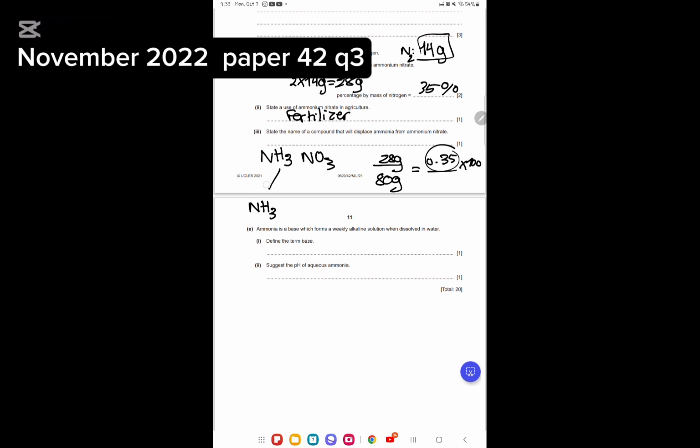They need us to displace the ammonia from the ammonium nitrate. So definitely the thing we're going to use, I think it was in one of the previous questions, and it was calcium hydroxide, so Ca(OH)2. Now, part E, we do not have it, so definitely we're not gonna do it.